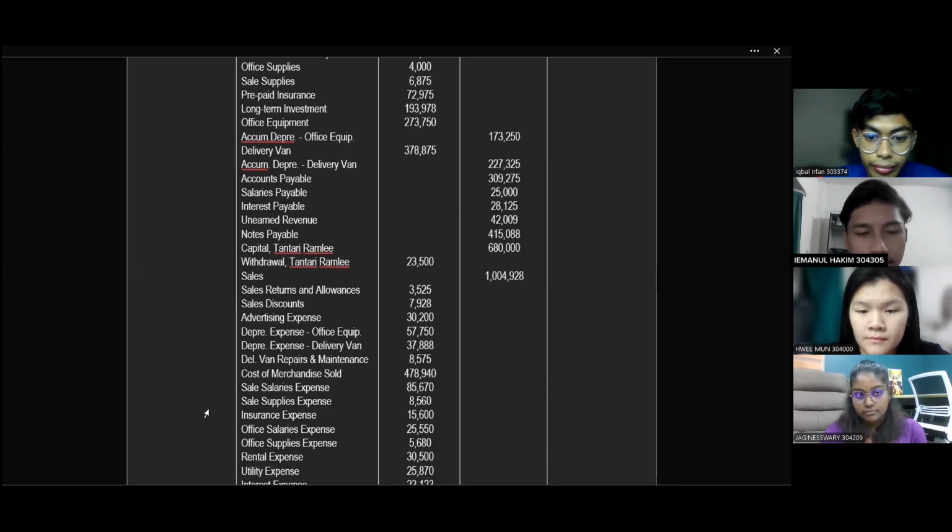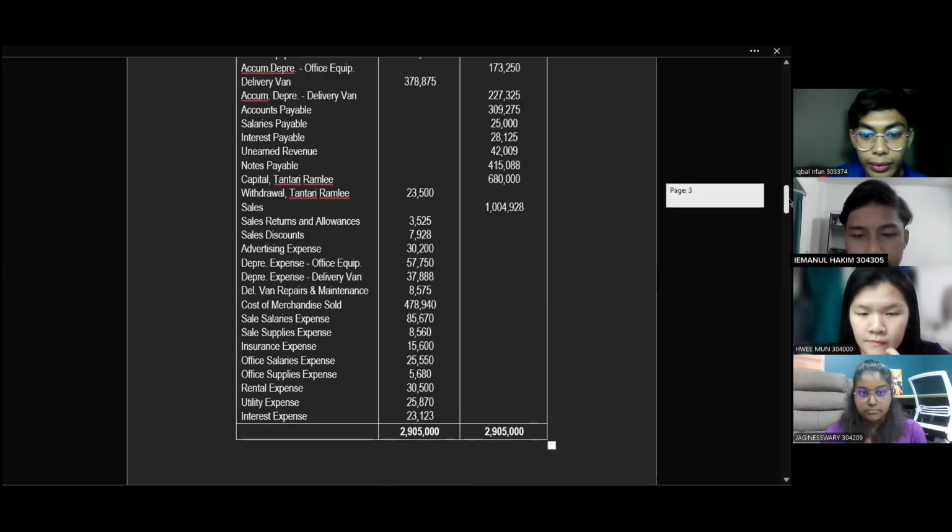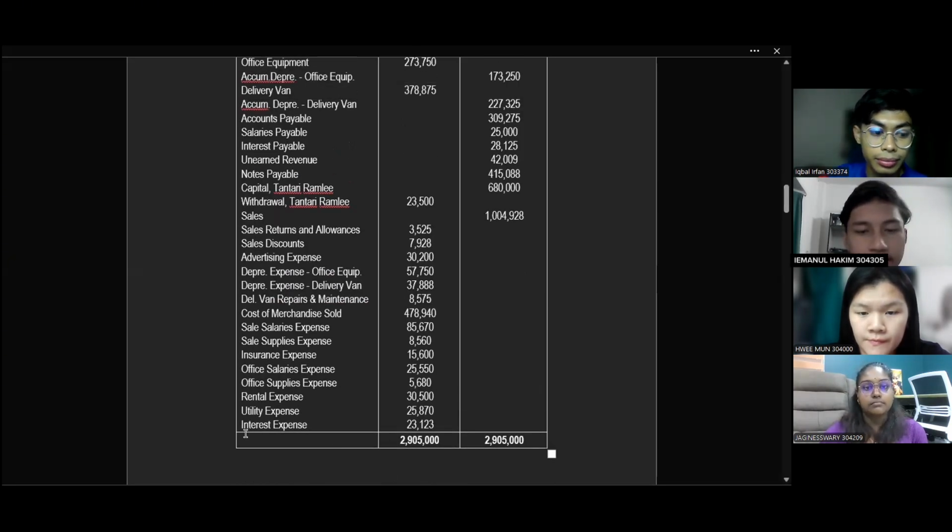Finally, the net profit or loss is the bottom line. It is calculated by subtracting all expenses, including interest, from the total revenue. So, from the investor perspective, why is it so important to use this profit or loss statement before making a decision?